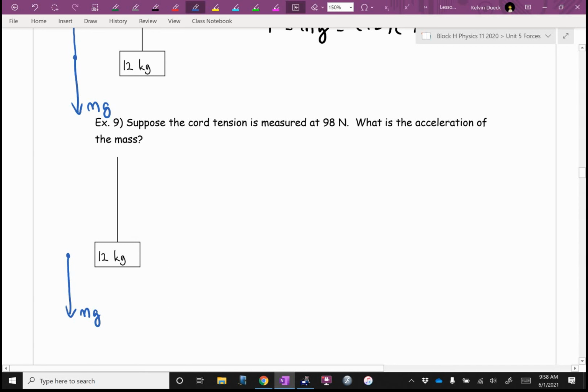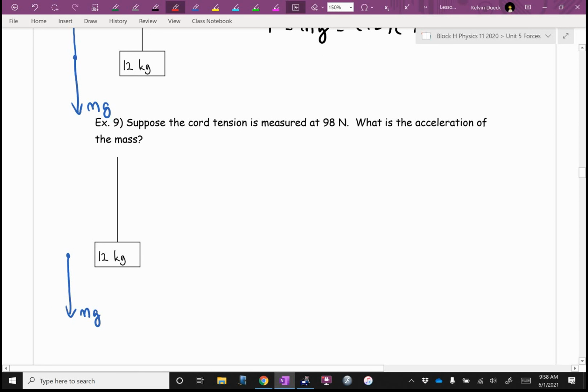Do I know the mass? Yeah. Get your calculator out, please. All of you, including Jaden, quickly crunch mg on your calculator. 12 times 9.8. What is it? It's 117.6. Okay, so how big is gravity, Jaden?